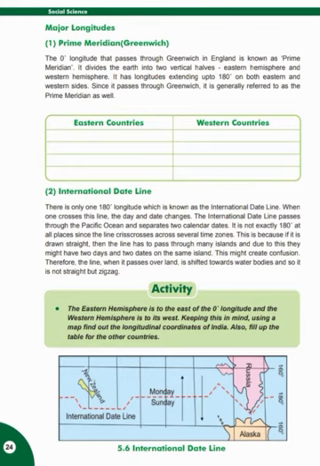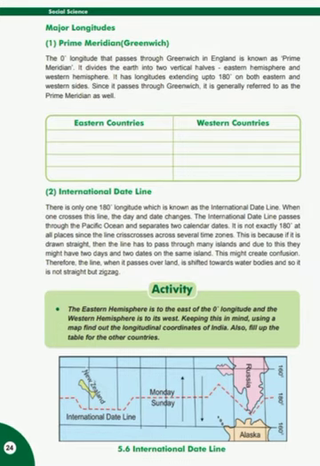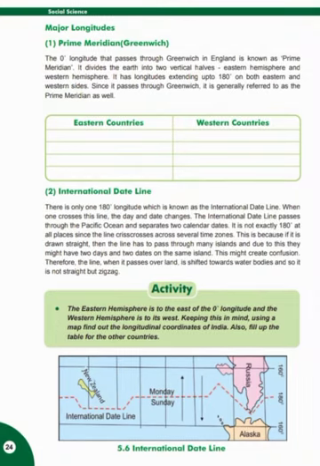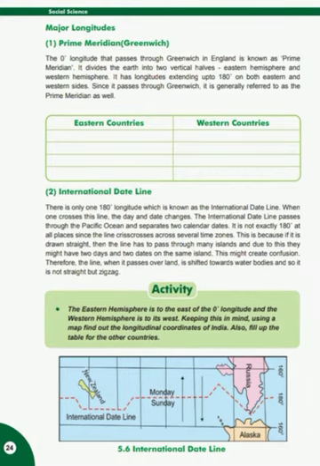This is because if it is drawn straight, then the line has to pass through many islands, and due to this, they might have 2 days and 2 dates on the same island. This might create confusion. Therefore, the line, when it passes over land, is shifted towards water bodies, and so it is not straight but zigzag.